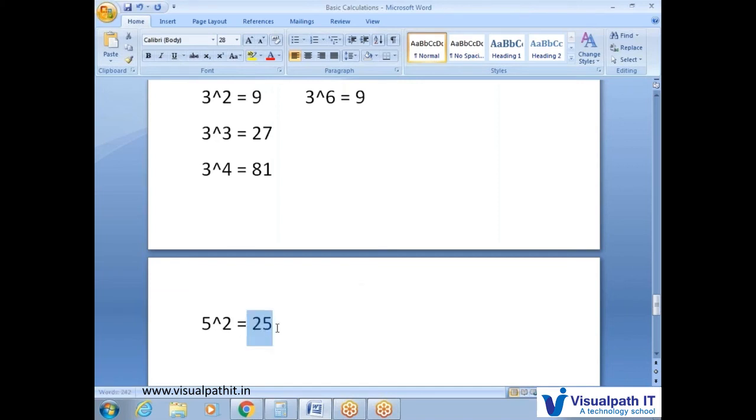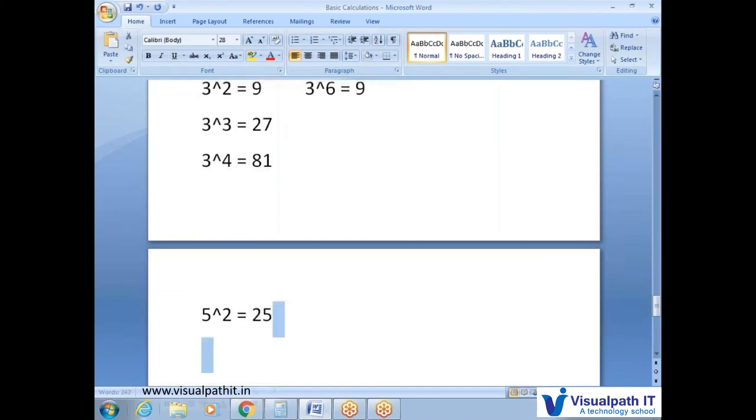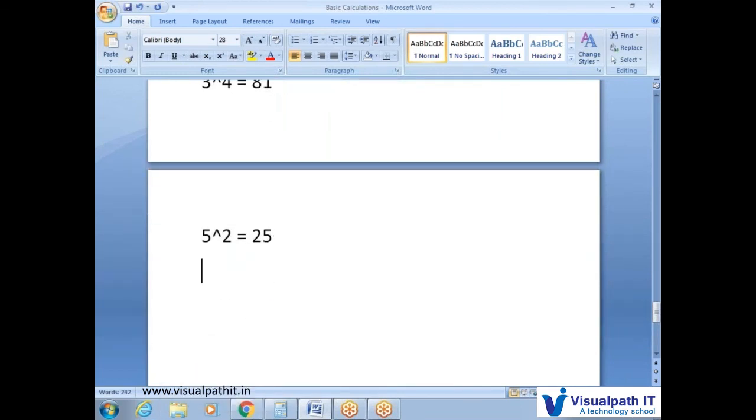Next, 5 square is 25. I'm asking for the 15 square value. What is the value of 15 square? Here also 5 square, so the ending value is 25.